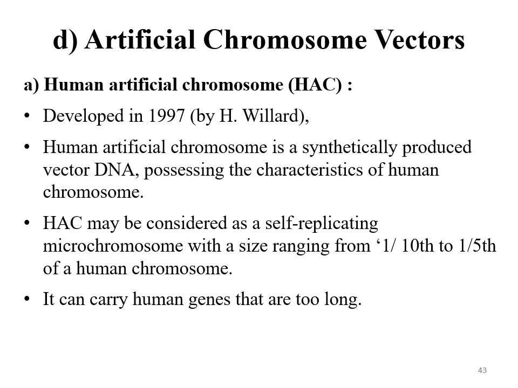They are considered as a self-replicating microchromosome with the size ranging from 1/10 to 1/5 of the human chromosome. The advantage with the HAC is that it can carry human genes that are too long, and it can carry the genes to be introduced into the cell in gene therapy in different diseases.